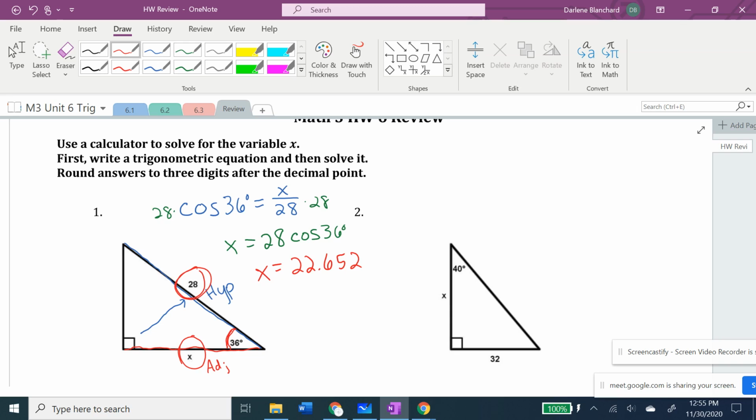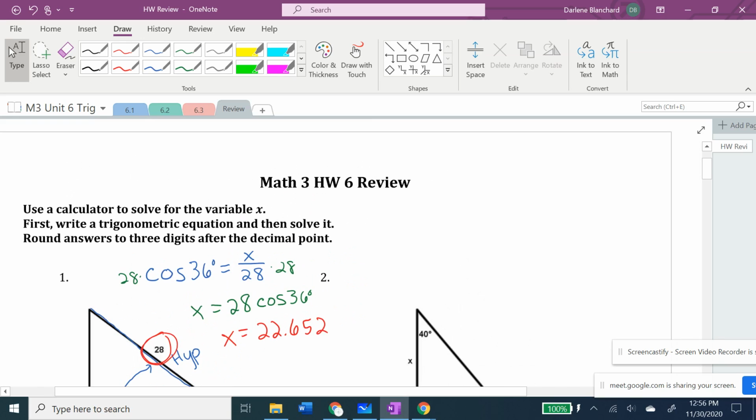So, oh yeah, SOHCAHTOA. Does everyone remember SOHCAHTOA? Okay. Make sure that you study that for tomorrow. Then, which function is sine's reciprocal?